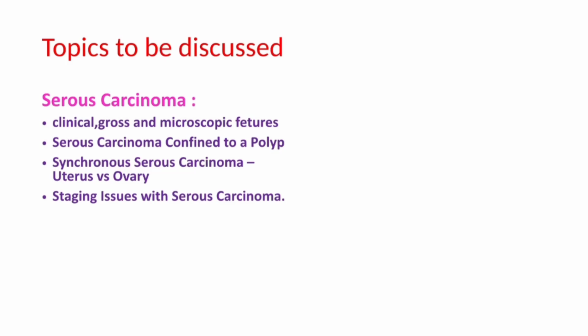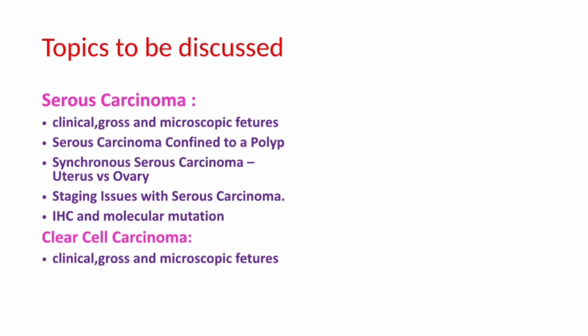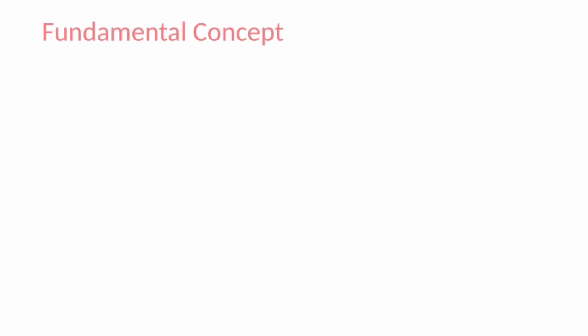Another thing is staging issues with serous carcinoma and IHC and molecular mutation. And the next topic will be clear cell carcinoma in detail, including all its morphological features, IHC and molecular mutation. So let's see one by one.